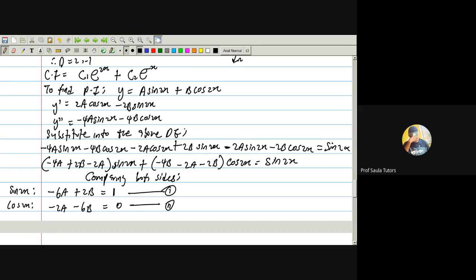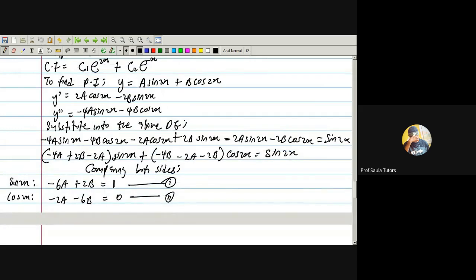Let's solve it. So let me say I multiply this one by 3, for example. If I multiply this one by 3, what will I have? Minus 18a plus 6b equal to 3.